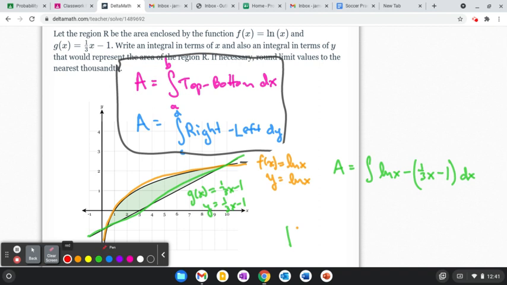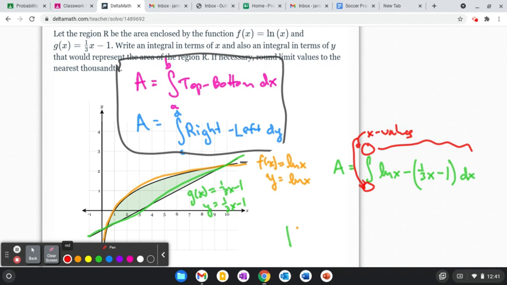Remember these limits we need to know, and these should be x values since we've got x inside of our function. So as a general rule, if you have x's inside of your integral, then you want x values for your limits. When we look at y values for our integral, then we're going to want y values for our limits.